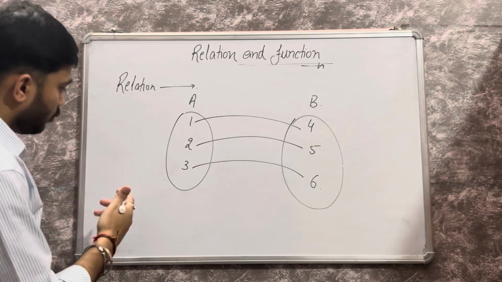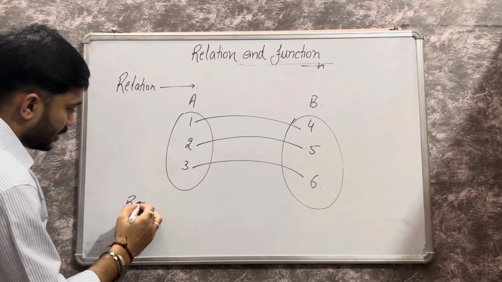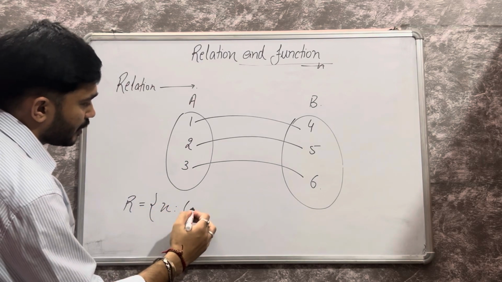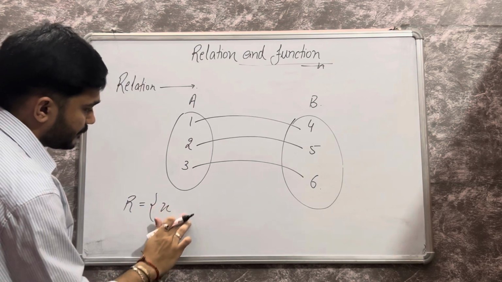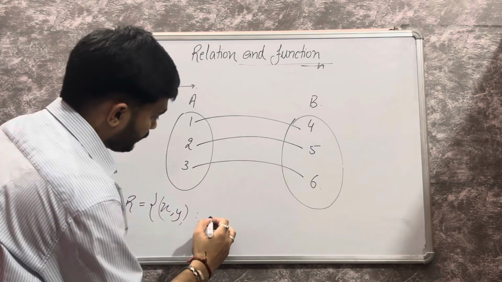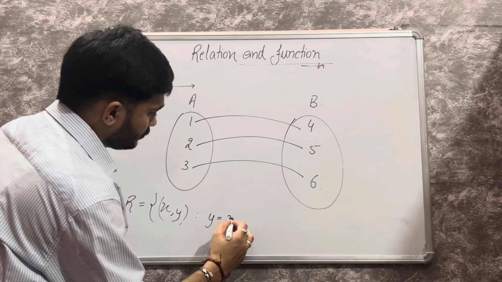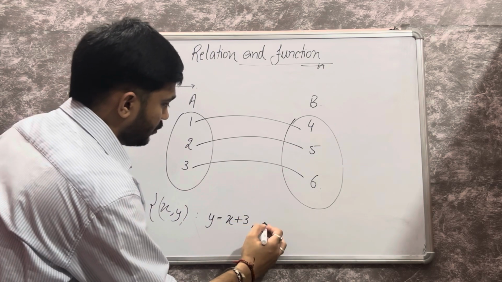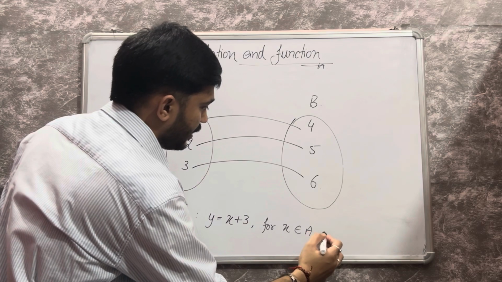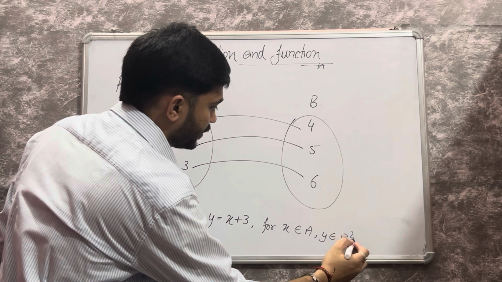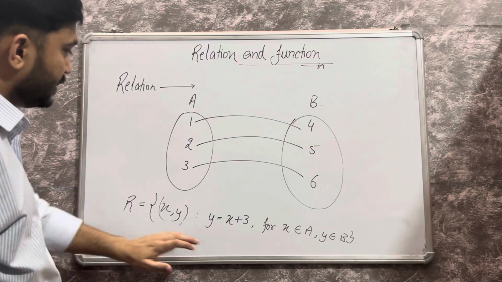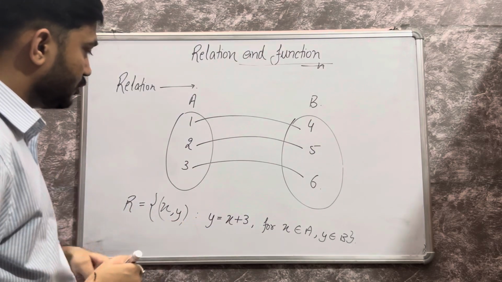So how can we represent relation here? Relation R = {(x, y) such that y = x + 3 for every x belongs to A and y belongs to B}. This is the representation of the relation.